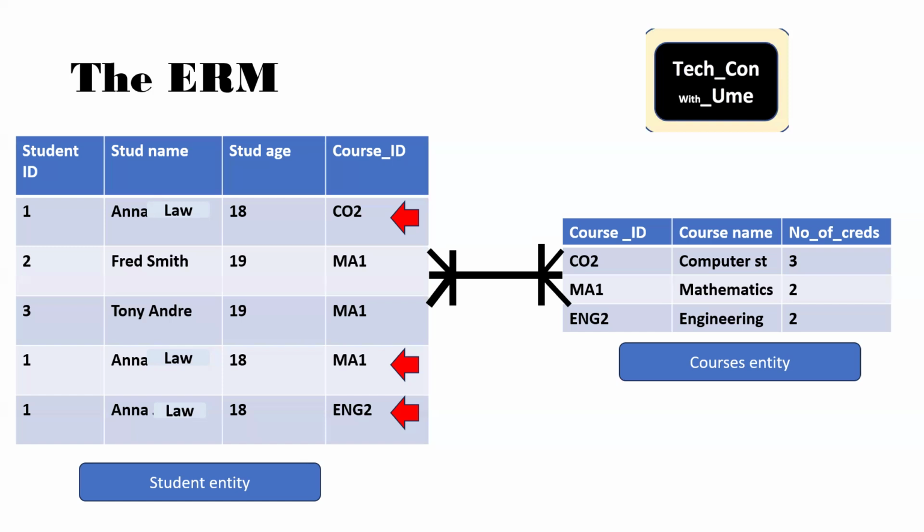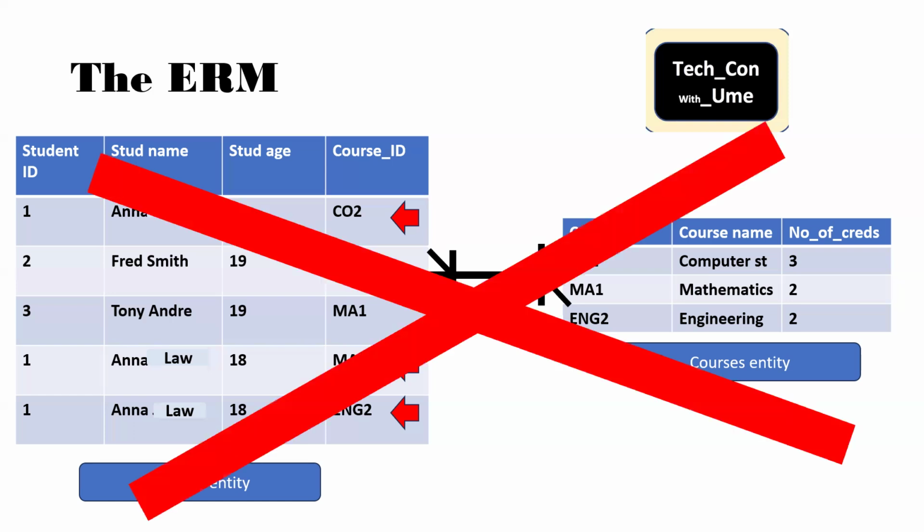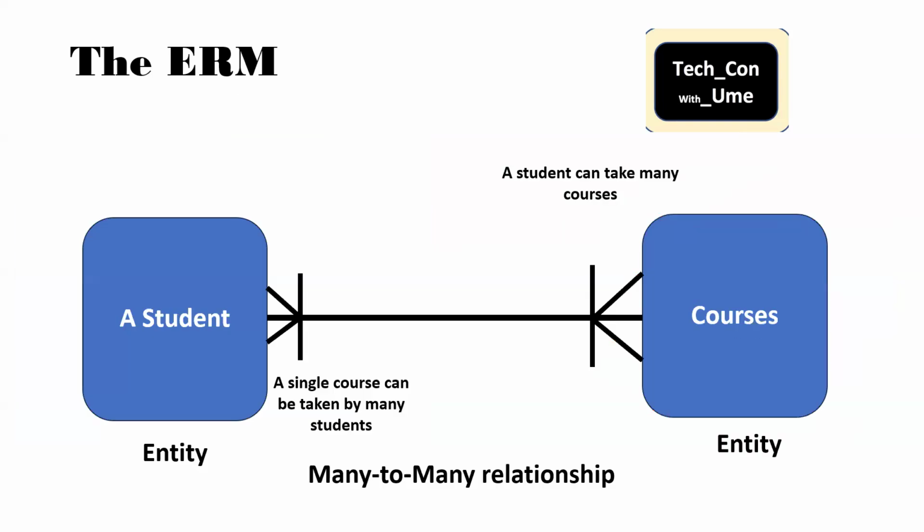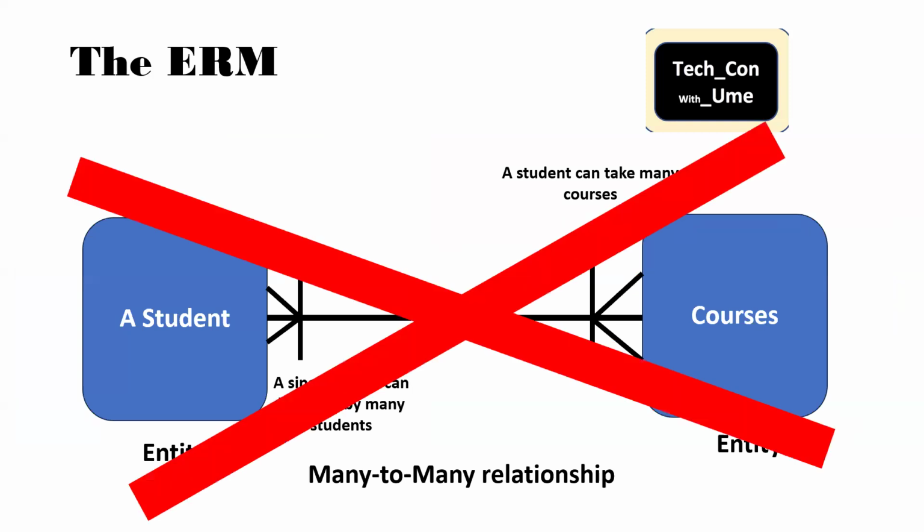So for this reason, it's not advised that we represent our many-to-many relationship in this way. As such, whenever you see a many-to-many relationship, note that some modification must be made.